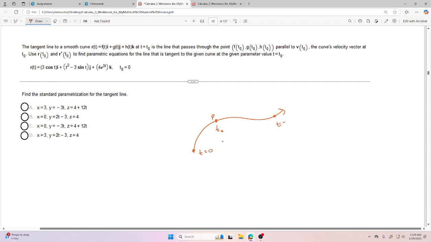Over here is t equals 1, but this is somewhere in the middle. I don't really know. We don't really care. At this point, they're saying that there's the velocity, and we want a line parallel to it. So what is the velocity at this point? It's this, right? That would be my velocity. If nothing else changed, you got to think like space, and you're swinging this thing around, and then you let go.